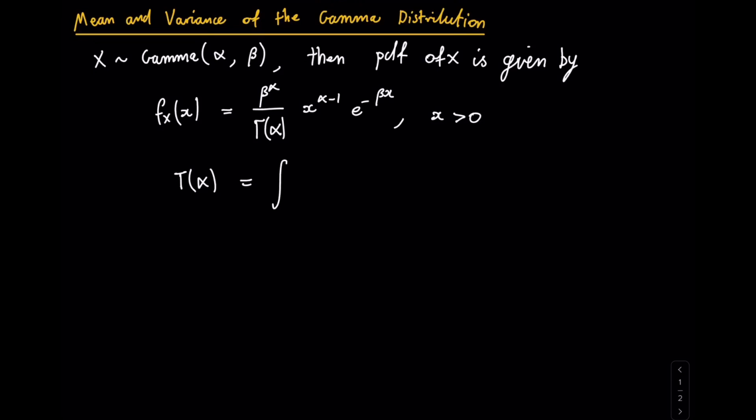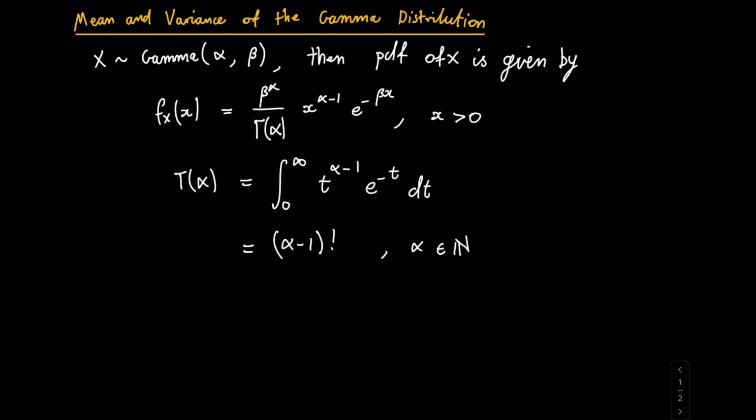It's the integral from 0 to infinity of t to the alpha minus 1 e to the negative t dt, where t is just some dummy variable. And in certain cases, it's equal to alpha minus 1 factorial, where alpha happens to be an element of the natural numbers.